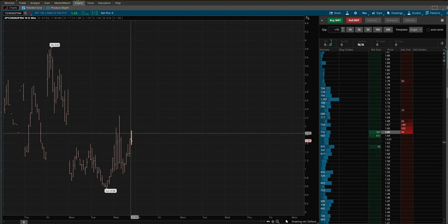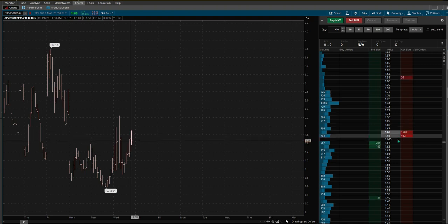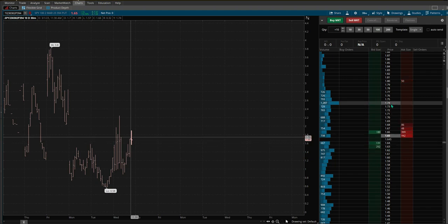And then if I'm going to place the order, I always place market orders. I don't place limit orders. Limit orders means that you get to pick what price you can buy these options at. So if I place a limit order, let's say I want a better price on this, and I pick it down here, this market has to come down here and hit that in order to fill it and then come back up.